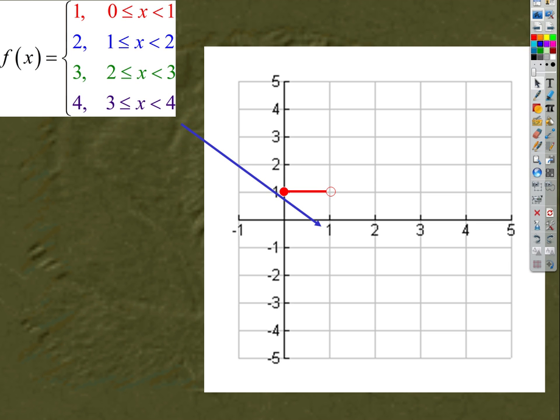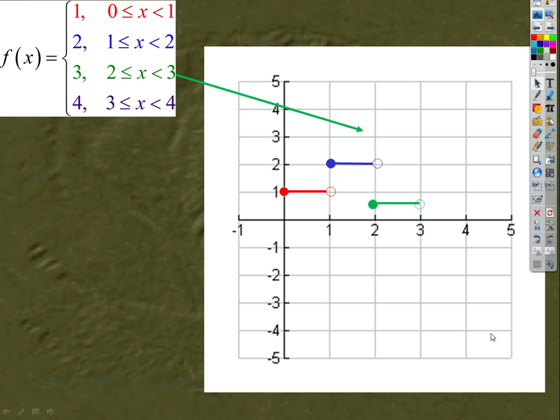How about the next one? See if we can just think this one through. What's the graph going to be? Y equals, so what's that look like? Okay, horizontal line, y-intercept of 3, but it's only switched on where x is to the right of 2 and the left of 3, and I get to close the endpoint at 2.